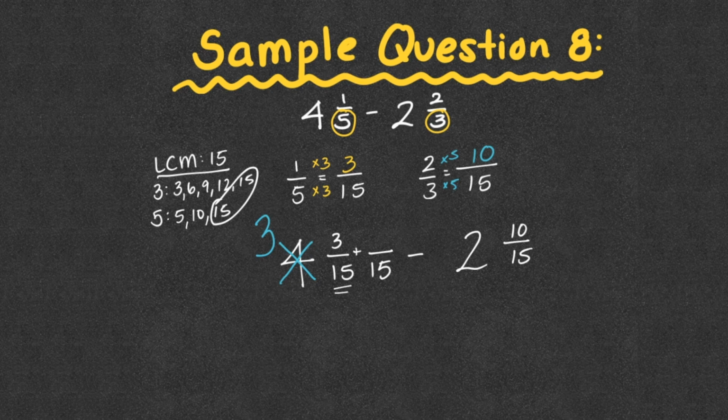And if we had all of them, we would have had 15 out of 15 pieces. That one whole that we borrowed is 15/15. So now we have 3 and 18/15, the improper fraction here, minus 2 and 10/15.